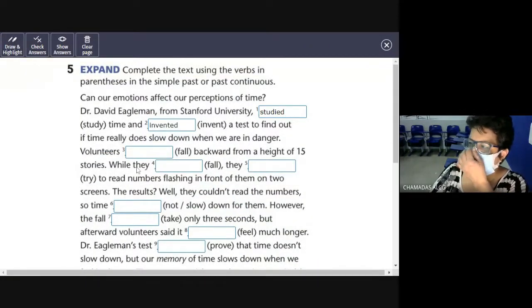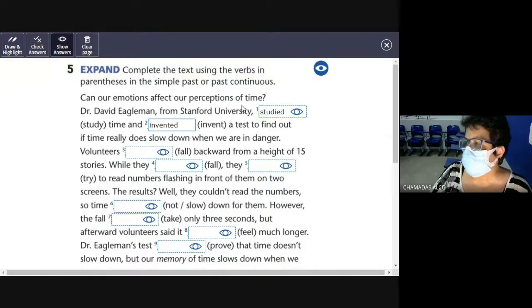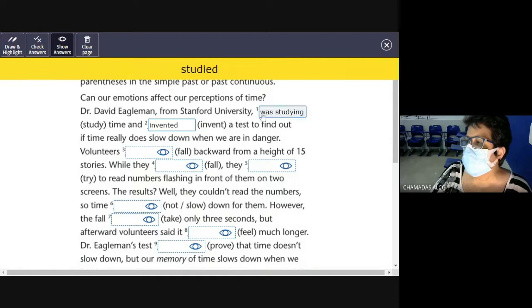What did you put here? It seems like the first one here is different. Here it says was studying instead of studied. So the first one, we made a mistake already, okay? So the first one is past continuous, not simple past. Let's see why.